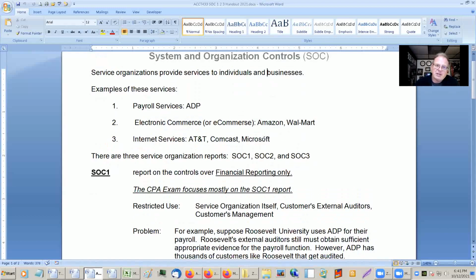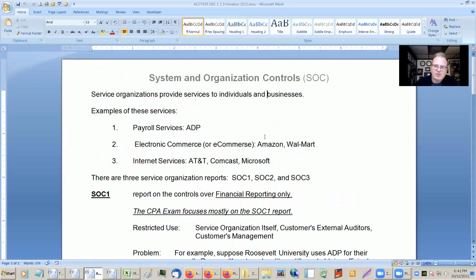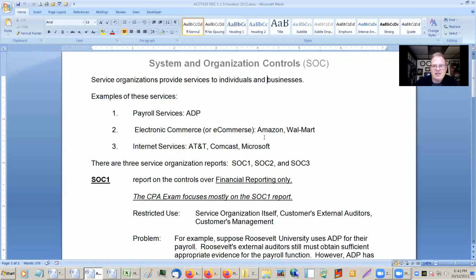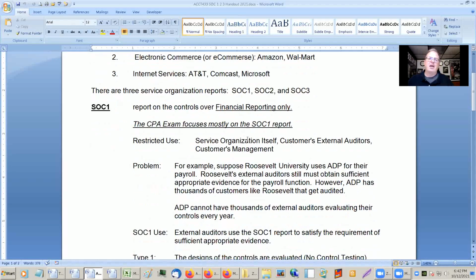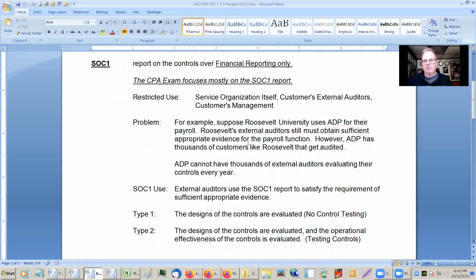These are actually copyrighted, these different kinds of reports. I mean, they copyright all their stuff. Anyway, these are the important things on the CPA exam they talk about. Here's the scenario.